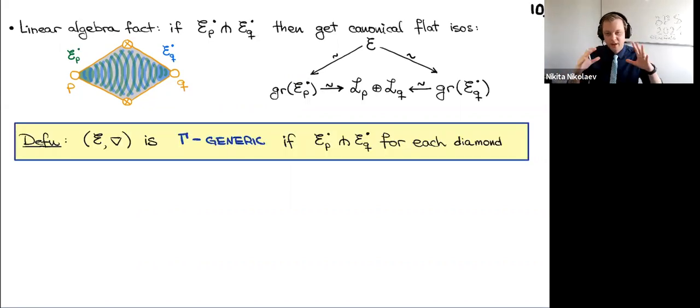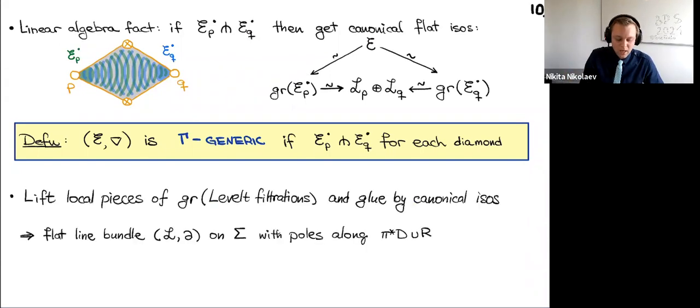So I want to do this procedure over each diamond. The genericity assumption that I'm going to impose is that for each diamond, the corresponding two Levelt filtrations that I get are transverse. And then after that, you just use all this canonical data that you've extracted, because you've extracted the Levelt filtrations, parallel transported them to these diamond regions given to you by the Stokes graph, and intersected them.